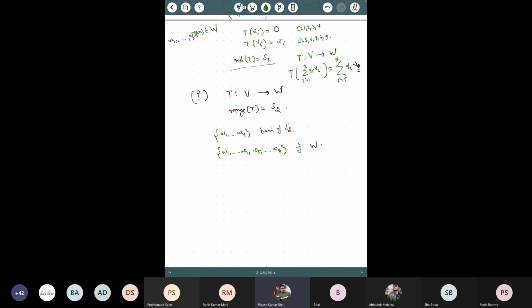We know that the span of T of the basis equals the range space, where the rank of T equals 4. Then we defined T(Vi) equal to 0 for i from 1 to 5, and we have only 4 elements, W6, W7, W8, W9. Then we got a rank of 4.